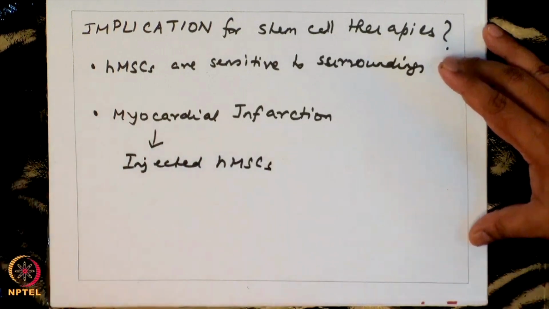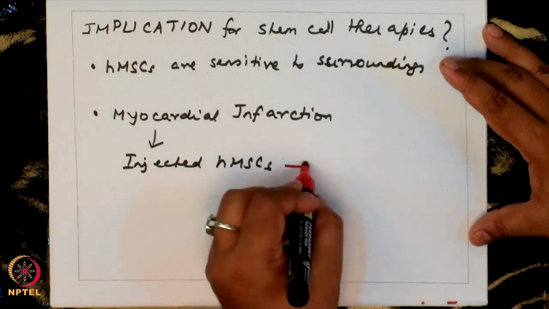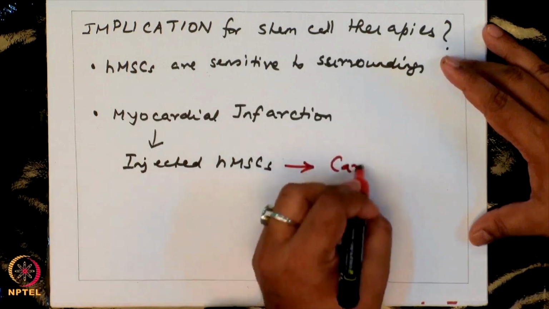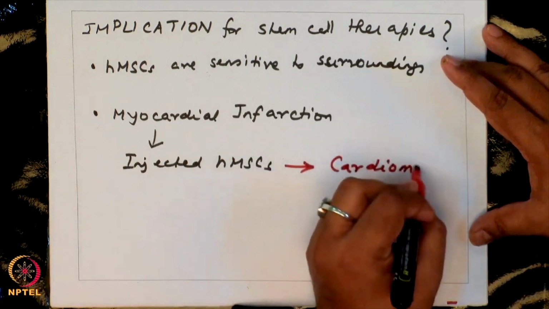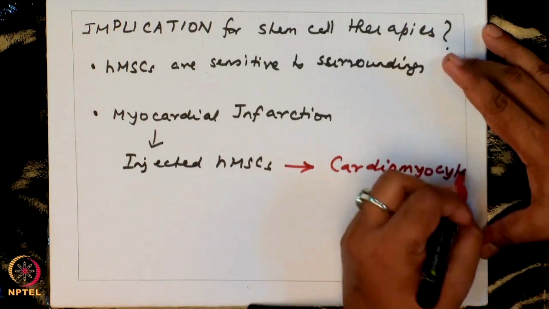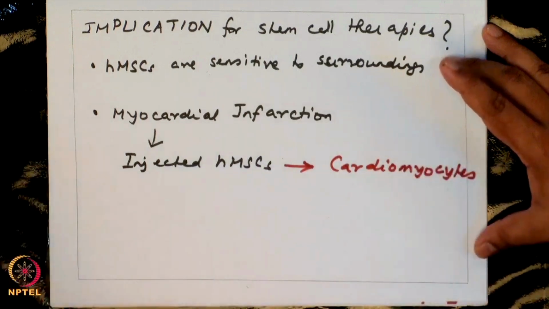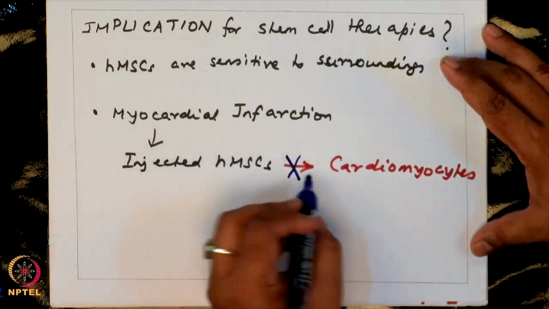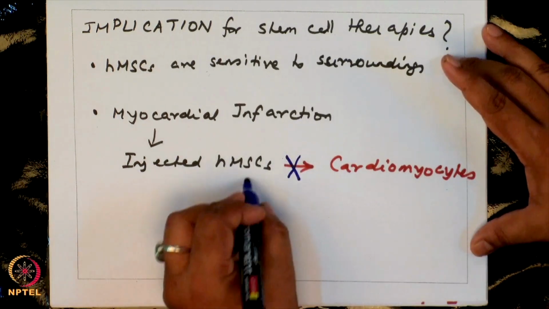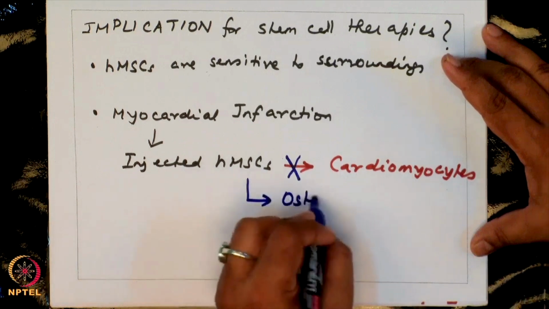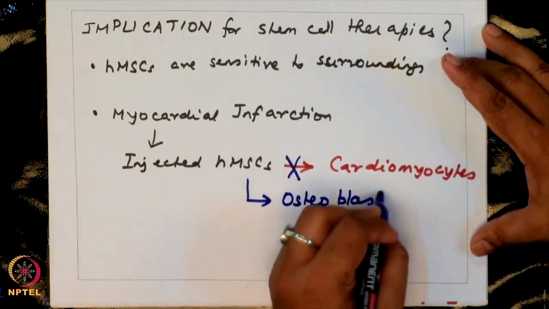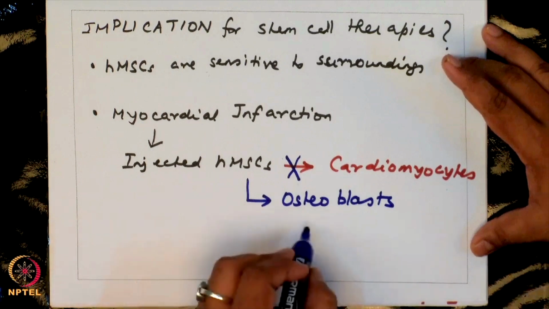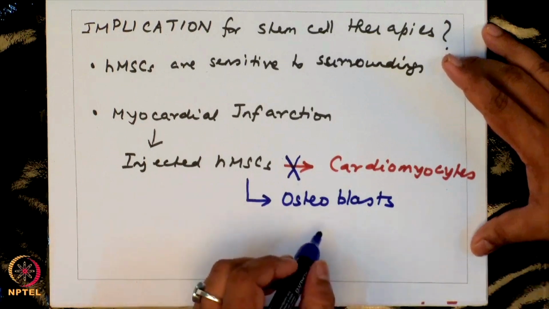Ideally you want the HMSCs to differentiate into cardiomyocytes. However, to their surprise, the authors observed that the HMSCs were not differentiating into cardiomyocytes, but into osteoblasts. So, this would be completely dangerous.